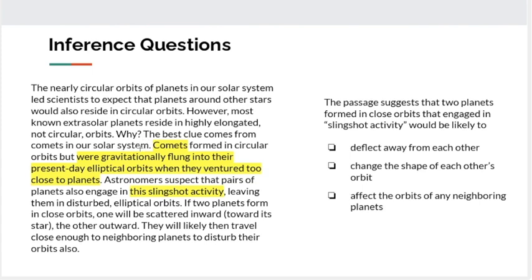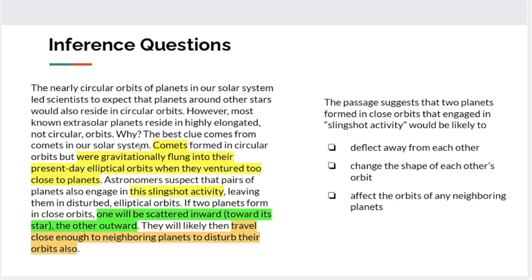So comets were gravitationally flung into their present-day elliptical orbits when they ventured too close to planets. Okay, so astronomers suspect that pairs of planets also engage in this slingshot activity, and when they do so, one will be scattered inward toward its star and the other outward.